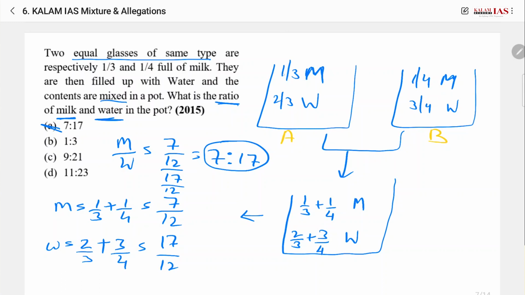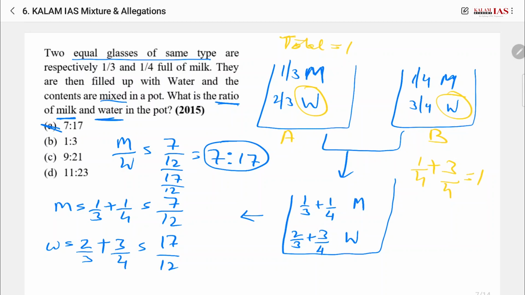So in this 2/3 will be water, because 1/3 plus 2/3 equals 1. 1 means 100% filled. And in this 3/4 will be water, because 1/4 is milk, and 1/4 plus 3/4 equals 1. So that is how you calculate the amount of water in both the vessels. The total quantity will always be 1, because it is a fraction, and the total summation of a glass fraction will be 1.